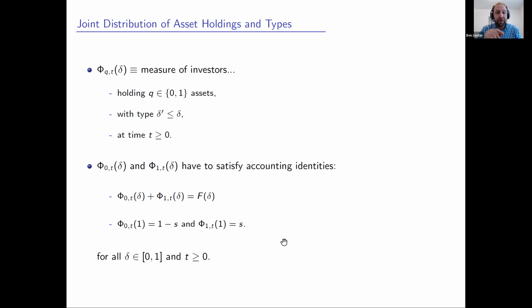So this capital Phi Q,t of delta, which is a mouthful, is the cumulative measure of investors who hold 0 or 1 unit of the asset, who have a current preference type delta prime less than or equal to delta at some time t. These are the things that matter.